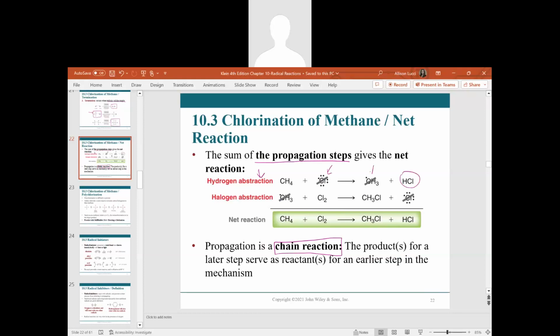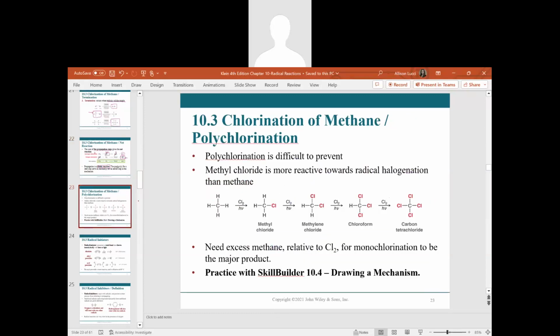And then we have this methyl radical. So during the halogen abstraction, we see the methyl radical canceled out. Also, the halogen abstraction step produces that chlorine radical that is utilized in this hydrogen abstraction. So that's why we say this is self-sustaining. So what's produced in the second step here, the product of a later step, then serves as a reactant in an earlier step. So this is how this is a chain reaction or self-sustaining when we talk about the propagation of radical reaction mechanisms.